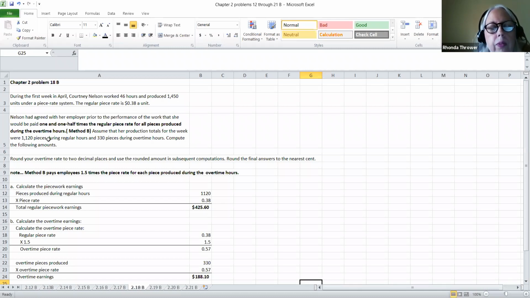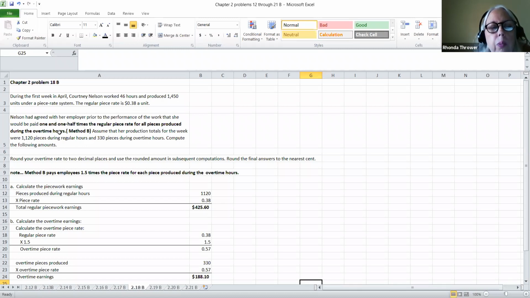Notice in this problem, they've got some extra information that says that Nelson had agreed with her employer before the performance of the work that she would be paid 1.5 times the regular piece rate for all pieces that are produced during the overtime hours.